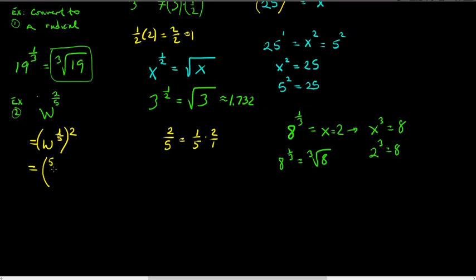This is the 5th root of w. But then don't forget we have to square it, because that's the 2 on the outside, right? So that's what this is, right? This is just the 5th root of w squared. And as long as your w is not negative, you can also write it as the 5th root of w squared, right? So either way works.